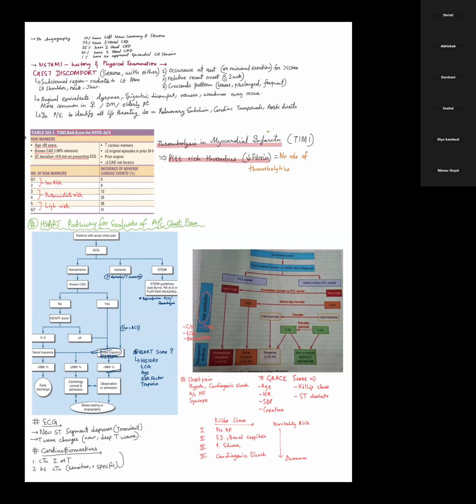So we'll find severe chest discomfort occurring either at rest or with minimal exertion for more than 10 minutes. Chest discomfort of relatively recent onset, like less than 2 weeks, or with a crescendo pattern, which is severe, prolonged, frequent chest pain.